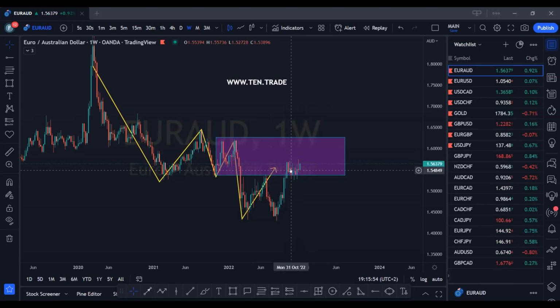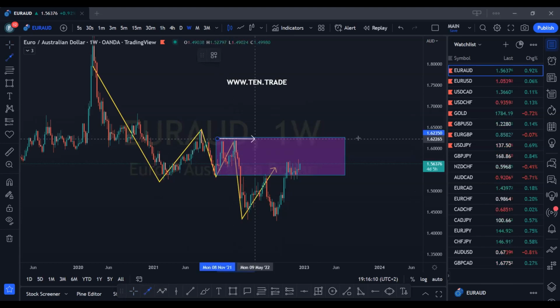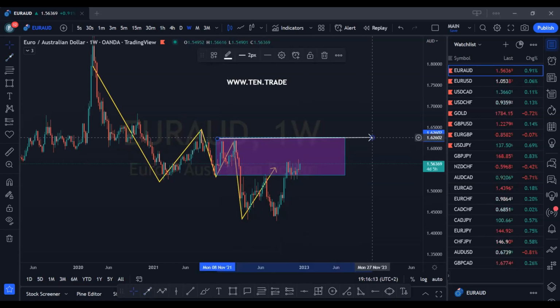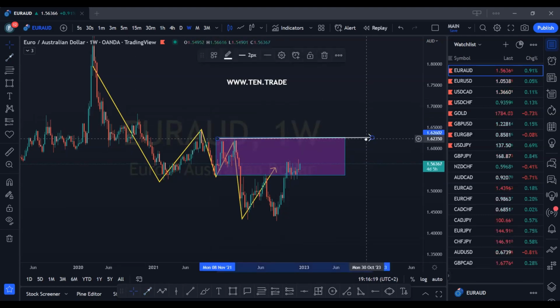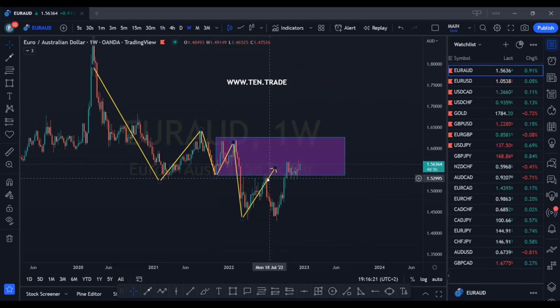There's going to be a lot of liquidity grabs in this zone before the real sell move happens. How do we know that this trend should shift to an uptrend? Price needs to break this lower high right here before we know that this is the zone where momentum wants to shift from bearish to bullish. But all of this is on the weekly time frame, so we're just taking a cue from the weekly.